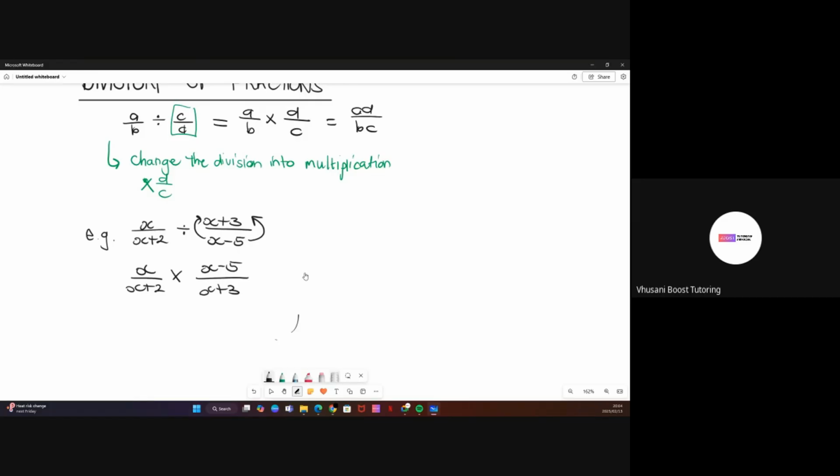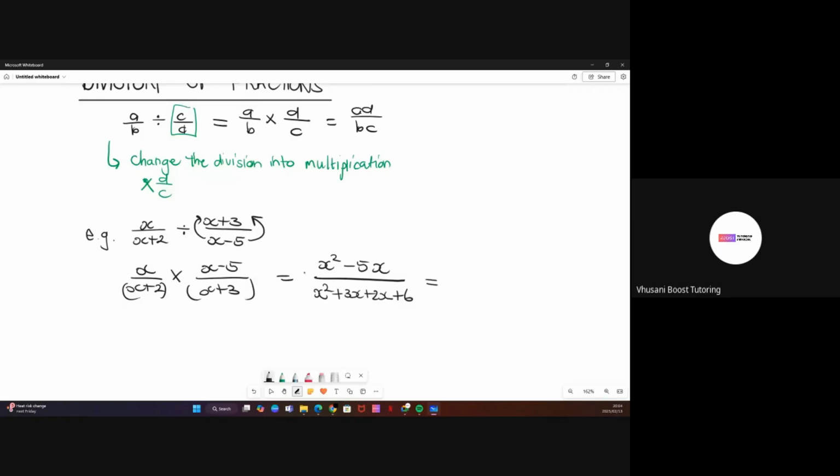Then after that, as you can see, we just have multiplication of fractions. We just multiply the two fractions together. So I would have x squared minus 5x in the numerator divided by, I'm going to multiply these two together as well, right? By foiling. So I would have x squared plus 3x plus 2x plus 6.